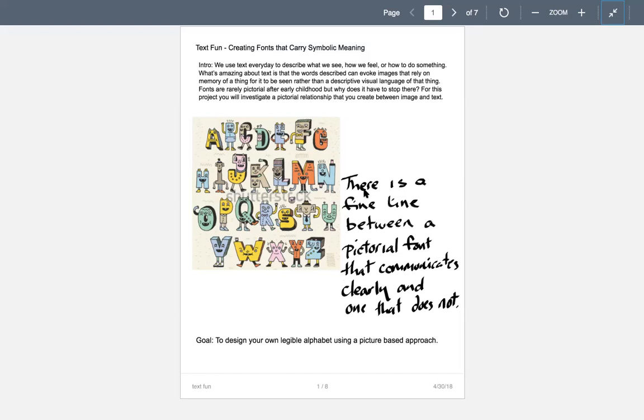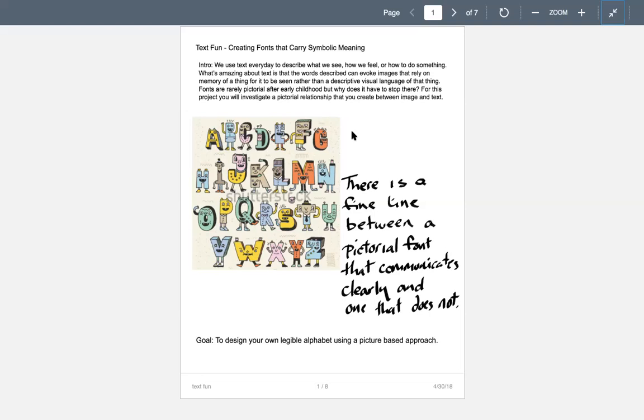So basically this project is kind of around this idea of text fun, so we're going to design your own legible alphabet using a picture-based approach. We're going to use the English language alphabet for this. It's a smaller number of characters, and I'd like to speak to that history of utilizing pictorial letters in Western design and art.